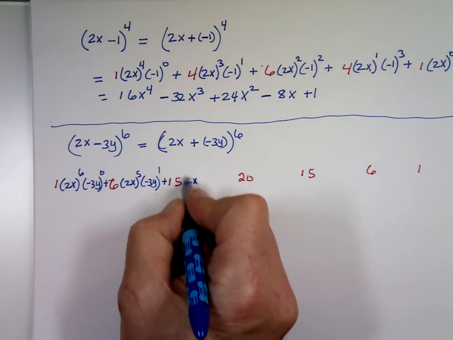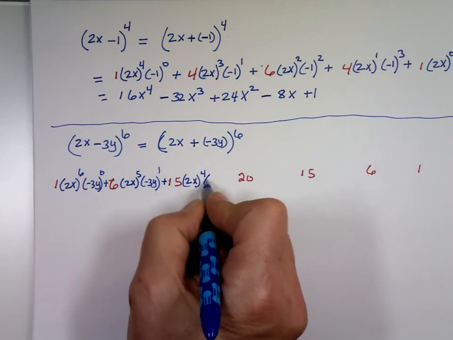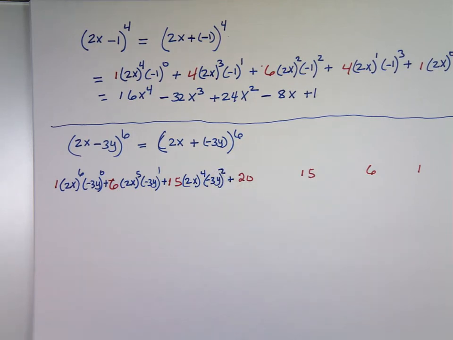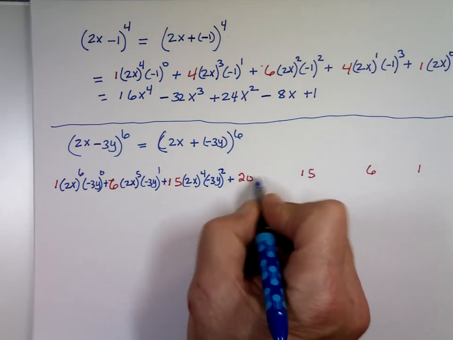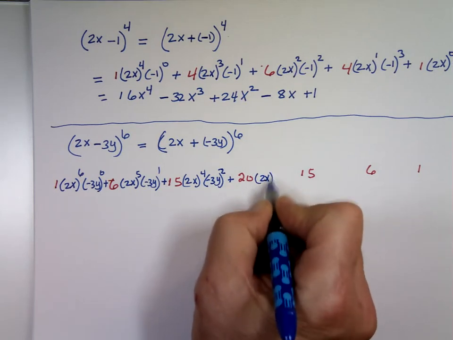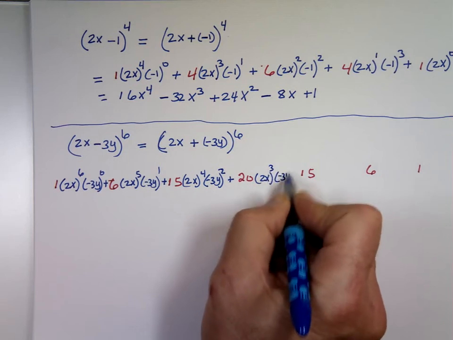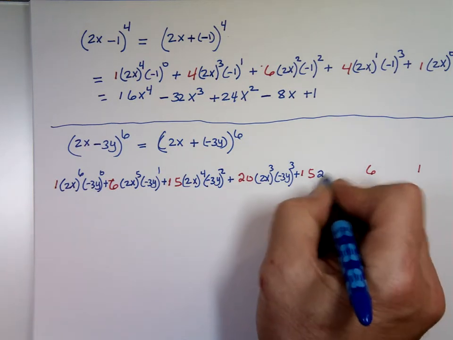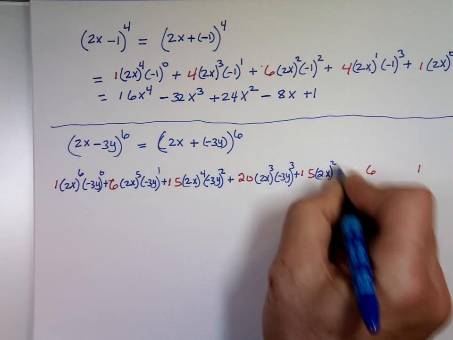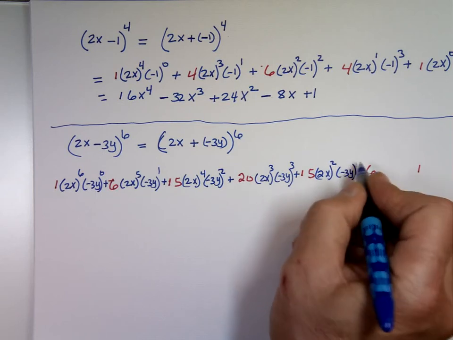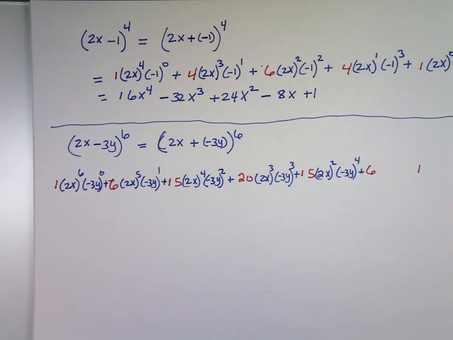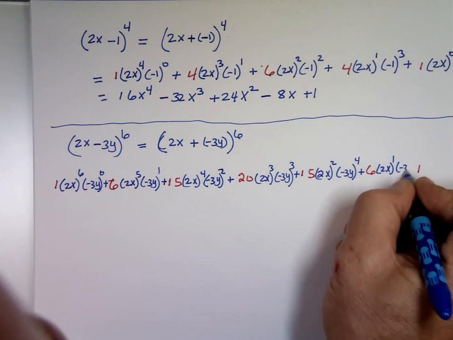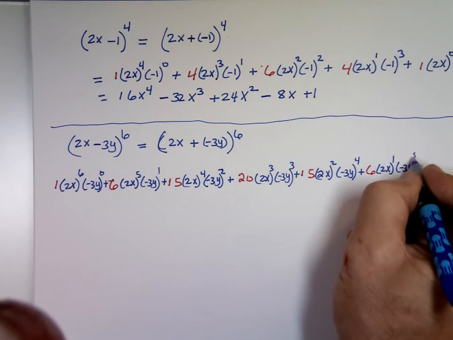2x to the power of 4 negative 3y squared, plus 2x to the power of 3 negative 3y to the power of 3, plus 2x to the power of 2 negative 3y to the power of 4, plus 2x to the power of 1 negative 3y to the power of 5, right?